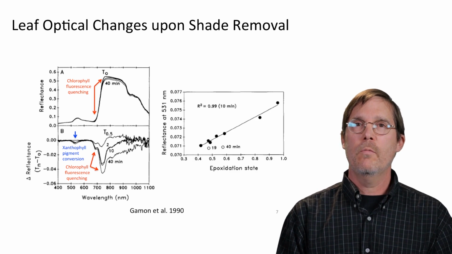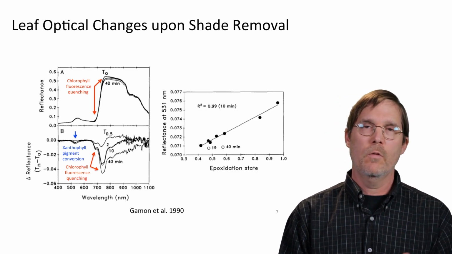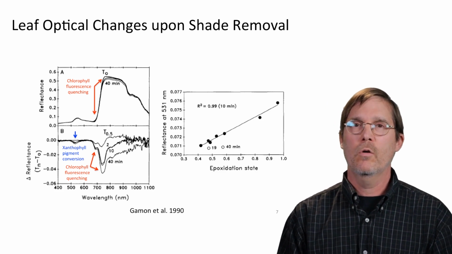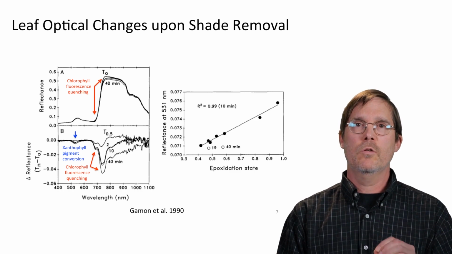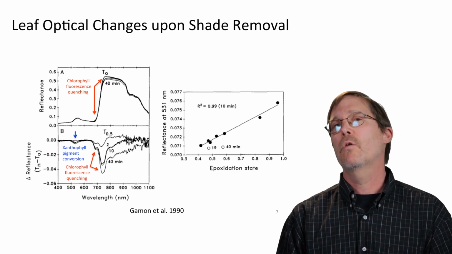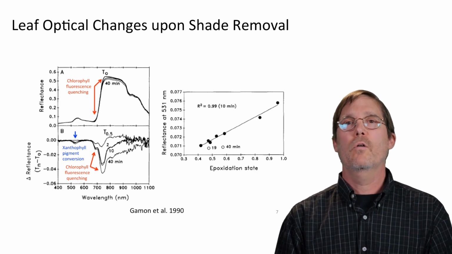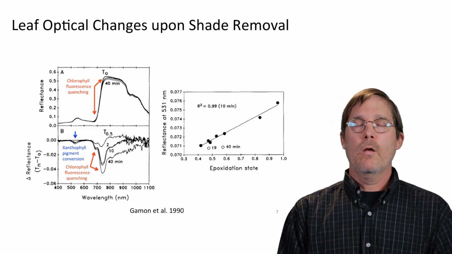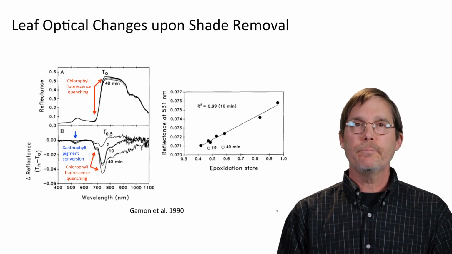You'll also see over time that it starts to drift. There are complicating effects of sun angle changes and canopy structure that come into play over longer time periods. But over the short time period, this reflectance at 531 nanometers is a very good measure of what's happening with the xanthophyll cycle. And I'll come back to this issue of the drift in a moment.